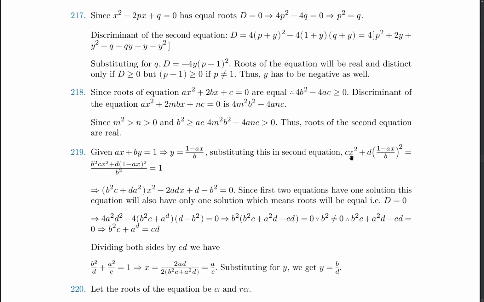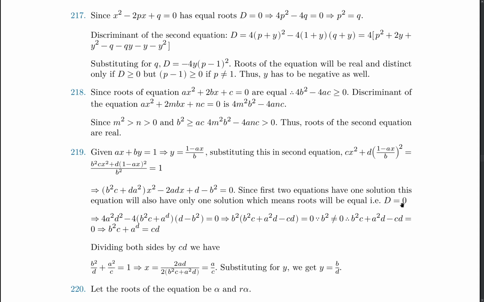So the second equation becomes cx square plus d into 1 minus ax by b whole square is equal to 1, that is, b square cx square plus d into 1 minus ax whole square by b square is equal to 1. We simplify this and we arrive at b square c plus a square d into x square minus 2adx plus d minus b square is equal to 0. Since the two equations have one solution, this equation will also have one solution, which means roots will be equal.